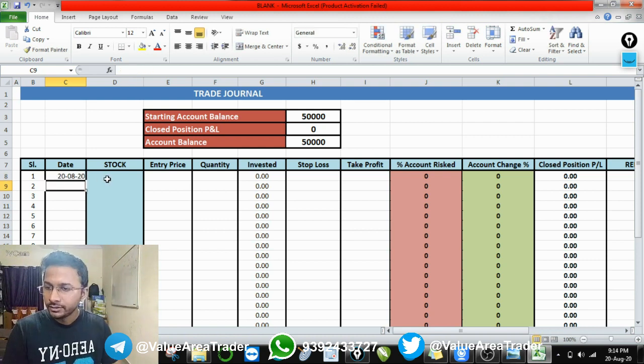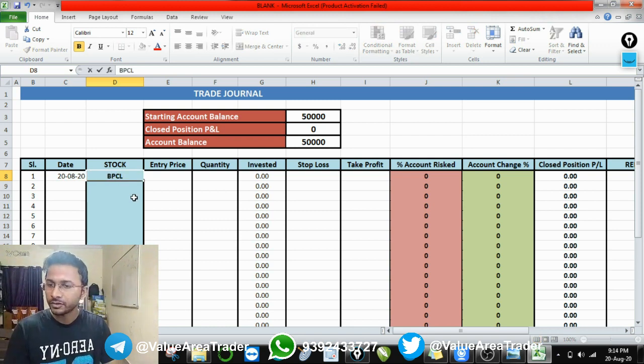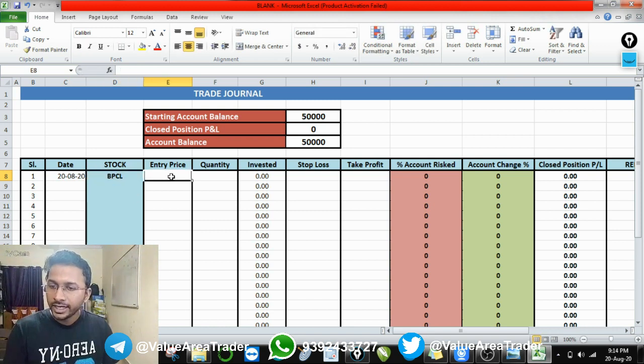Next is the stock name. Let's say today we took BPCL. And the entry price, the price at which you entered the trade. Let's say we are entering at 400 rupees, and you took around 50 quantities.